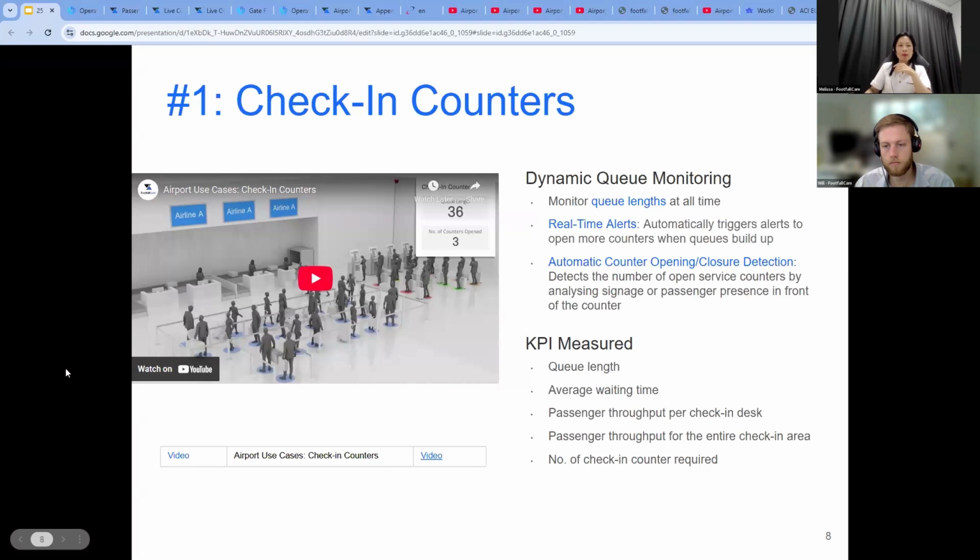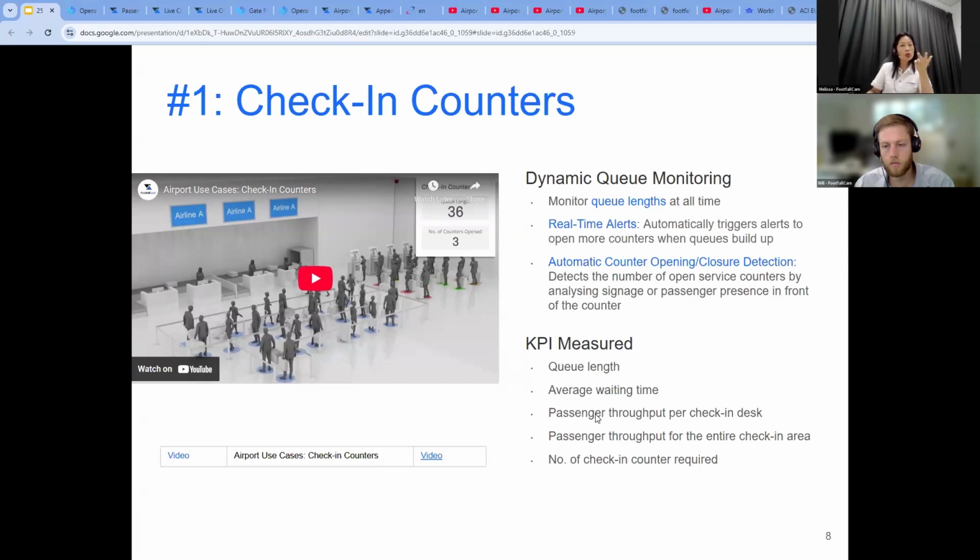So it's automatic. The KPIs measured for the check-in counters will be queue length, so how many people are in line at the time, for the main check-in counters and the self check-in kiosks. Then the average waiting time, both real-time and historical wait durations.